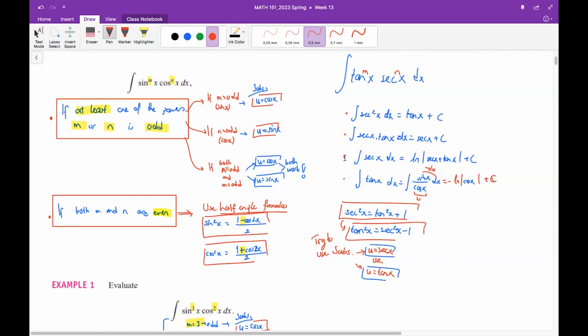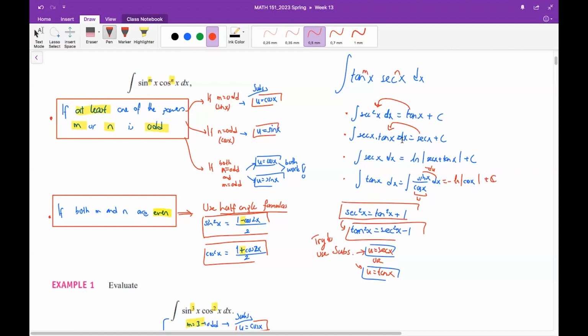And here are some particular cases where we have really low powers, like n should be 2, m should be 0. Integral of secant square x dx is a rule because the derivative of tangent x is secant square x, right? And this is also a rule. Secant times tangent you may have. So tell me a function whose derivative is secant times tangent.